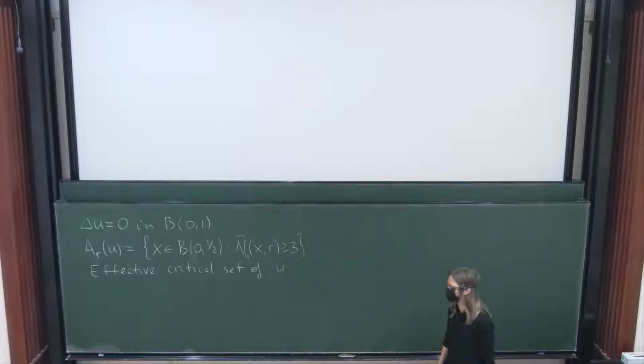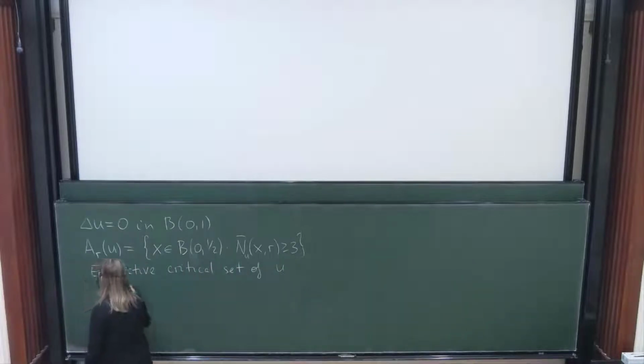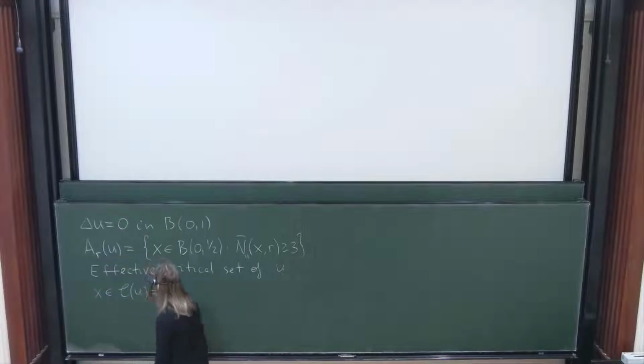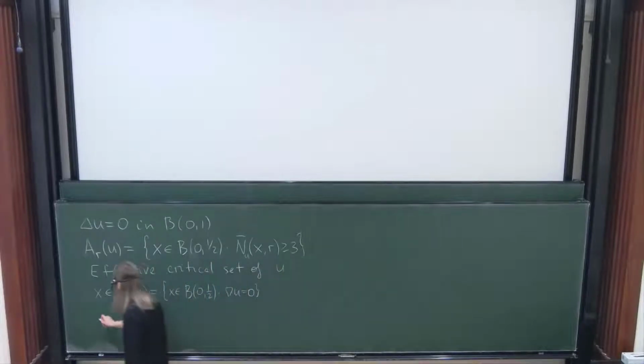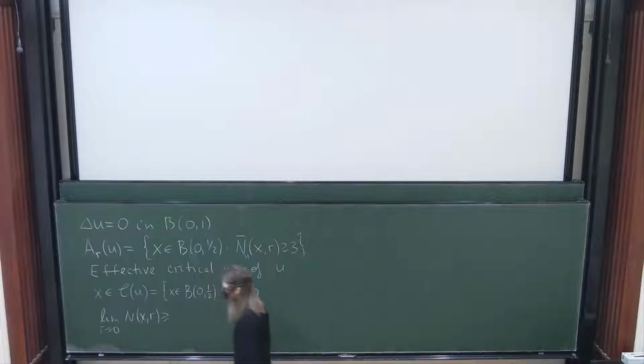And remember that we know that if point x is in the real critical set, say in 1/2, then with our normalization, the upper frequency of u at this point is at least 4.